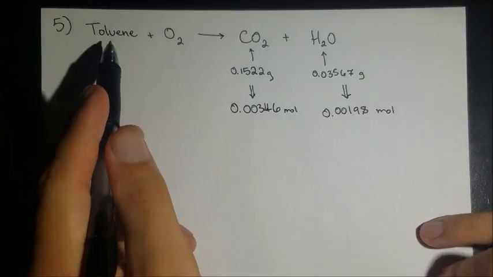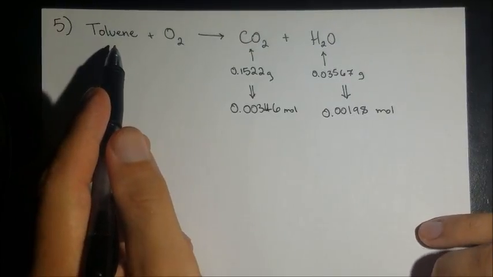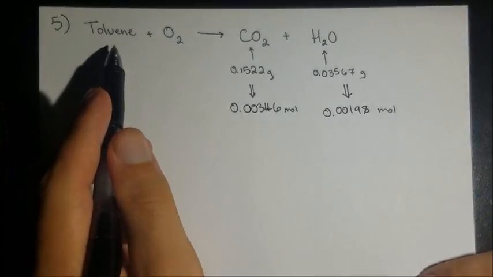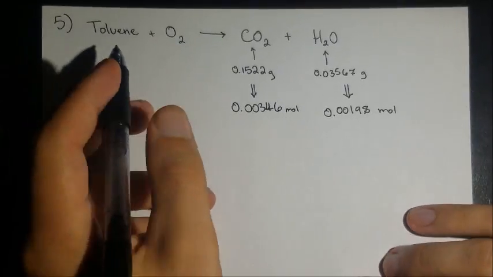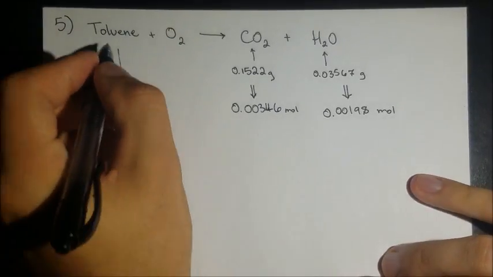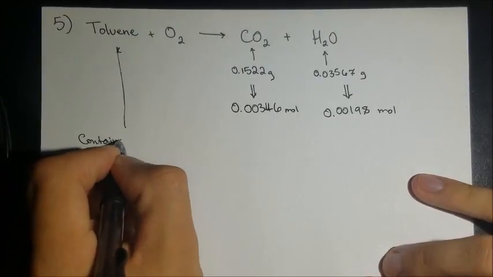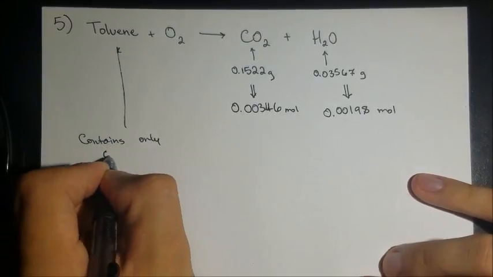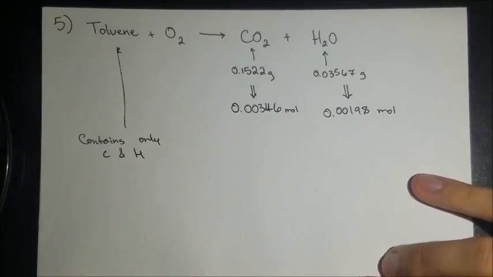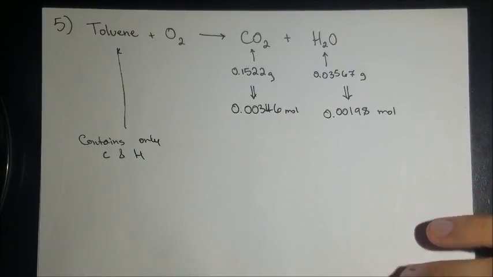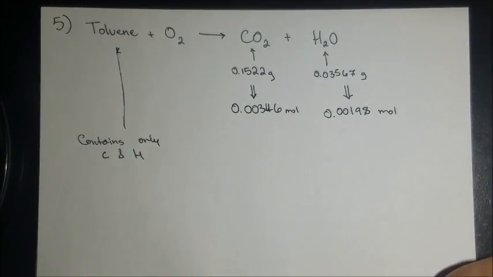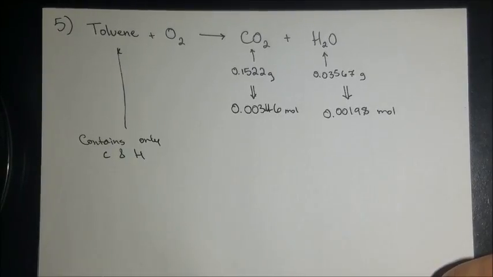So the key thing about this particular reaction is that we're going to suppose that toluene is a hydrocarbon. And the key thing to a hydrocarbon is that it contains only carbon and hydrogen. So that's what we're going to use as our premise for doing this problem, is that it contains only carbon and hydrogen.